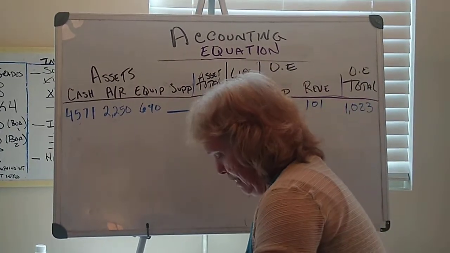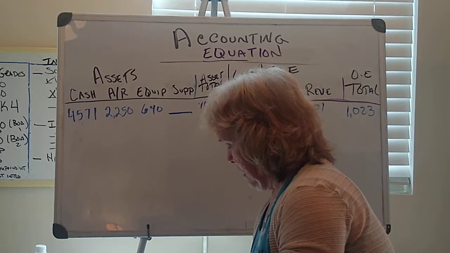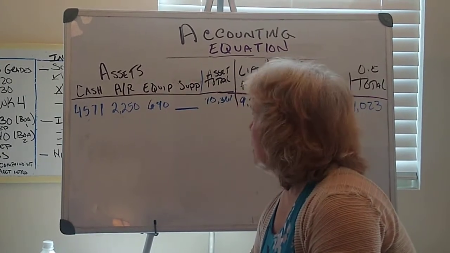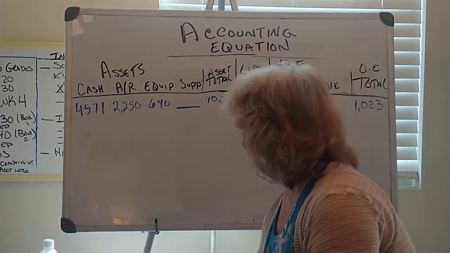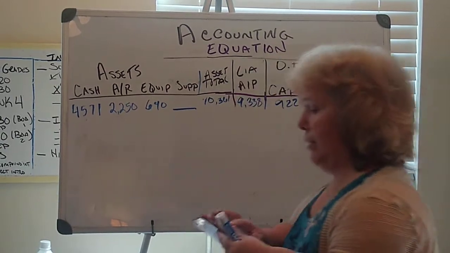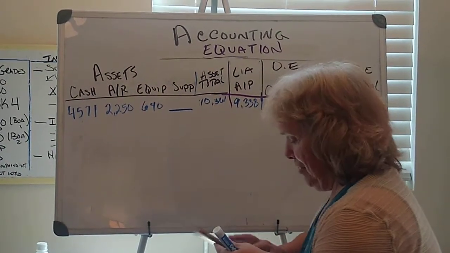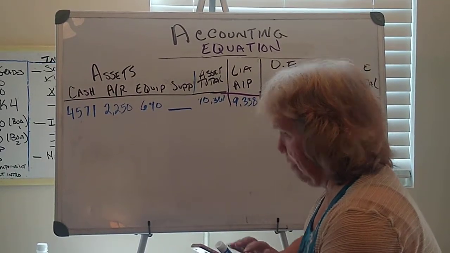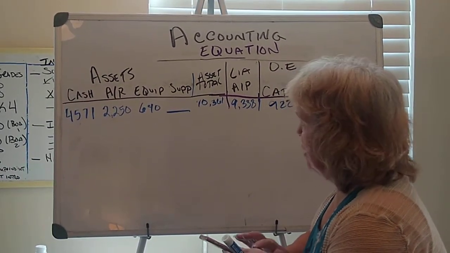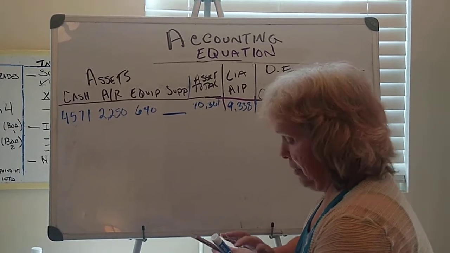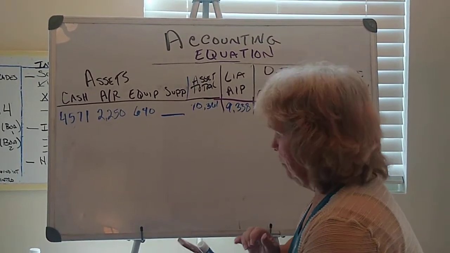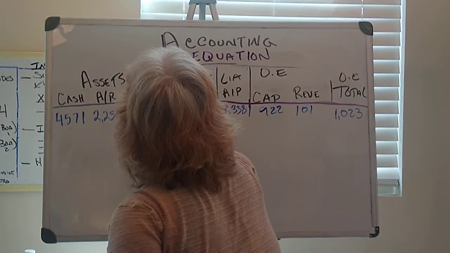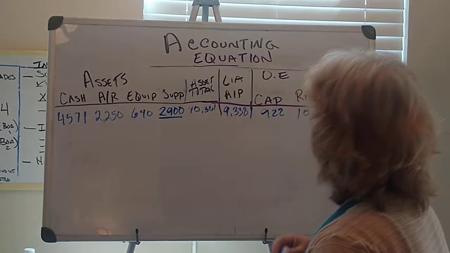And what I get... let me try that again. 10,361 minus 4,571 minus 2,250 minus 640. I got 2,900. Okay?